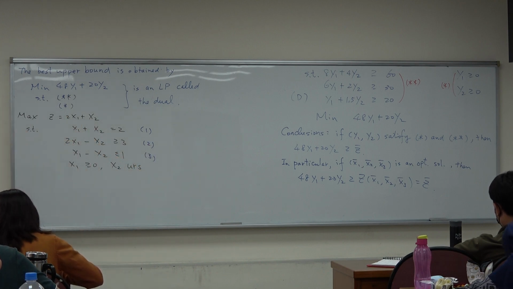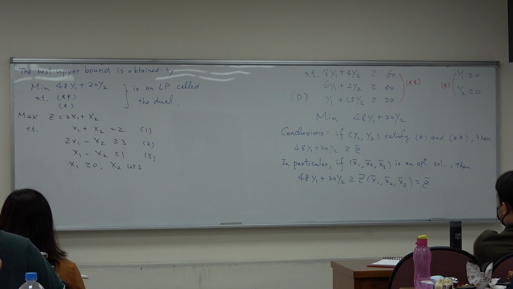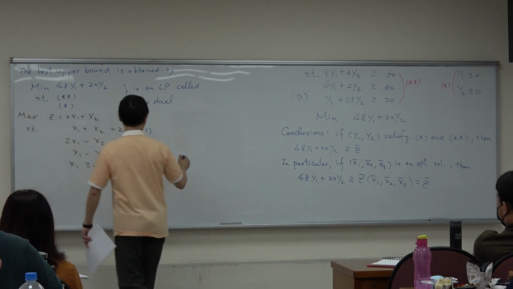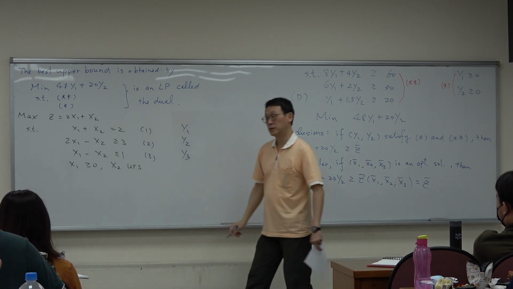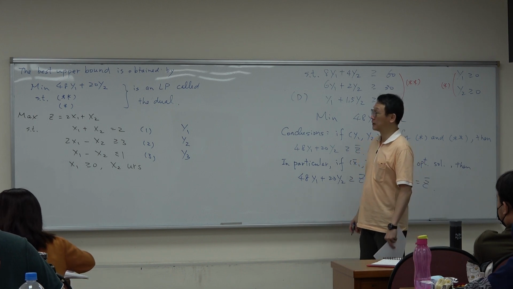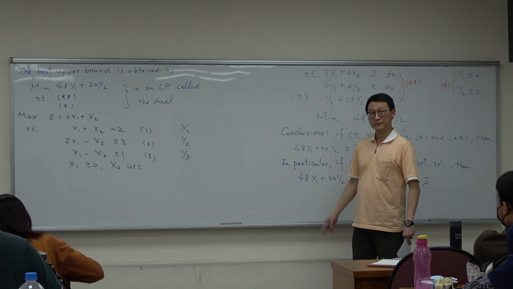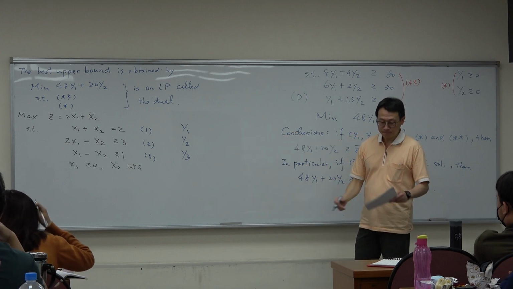we mark each constraint 1, 2, 3. So we have 3 constraints. Okay? And systematically, we want to find the multipliers. So we have y1, y2, y3 for the corresponding constraints.